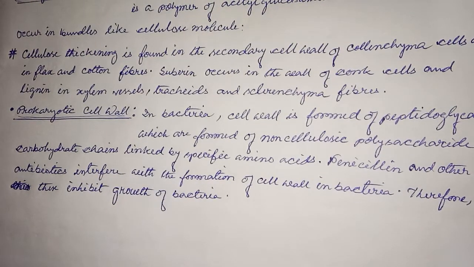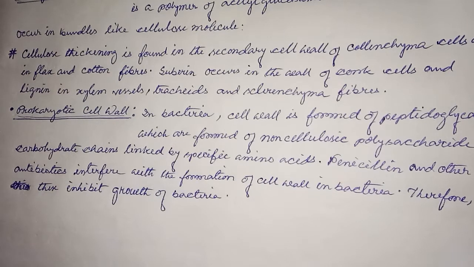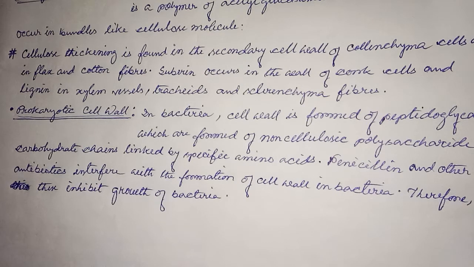Functions of cell wall. It provides mechanical support to the delicate cells. It protects plasma membrane. It maintains the cell shape, protects the cells against the osmotic pressure exerted by the cell contents, and thus prevents expansion of cell. It helps in translocation of water and other substances through xylem vessels and tracheids.